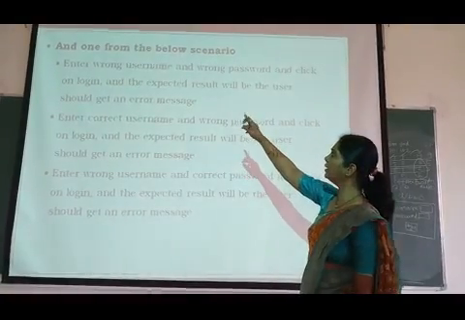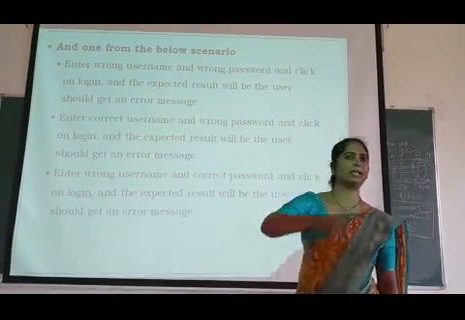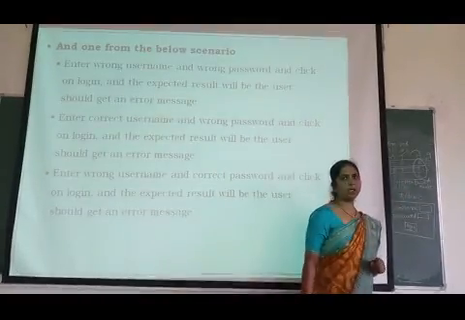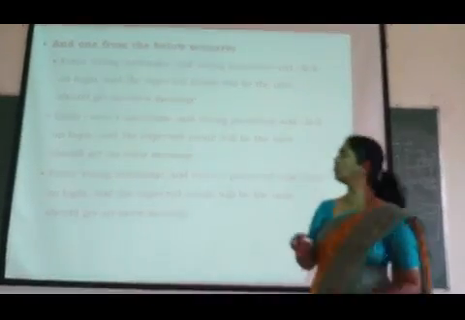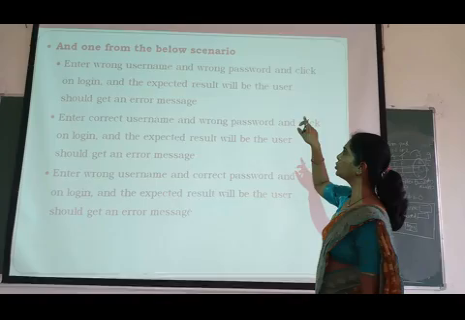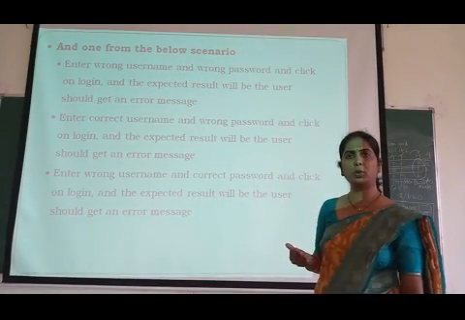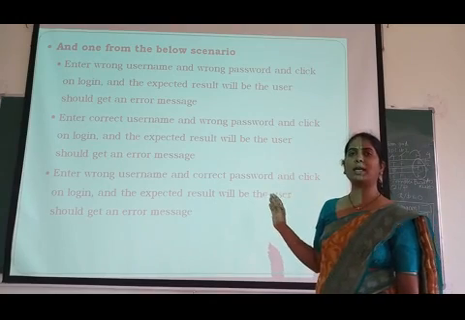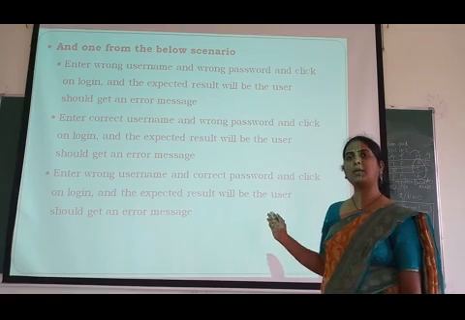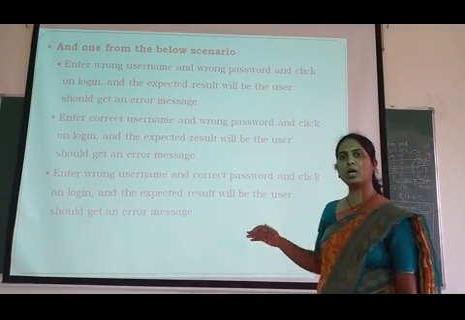Enter the wrong username and the wrong password and click on the login, and the expected result is that the user should get an error message. What is the expected result? The user must get an error message. Then we can say that this application, this program, is written appropriately as per the requirements of the customer.